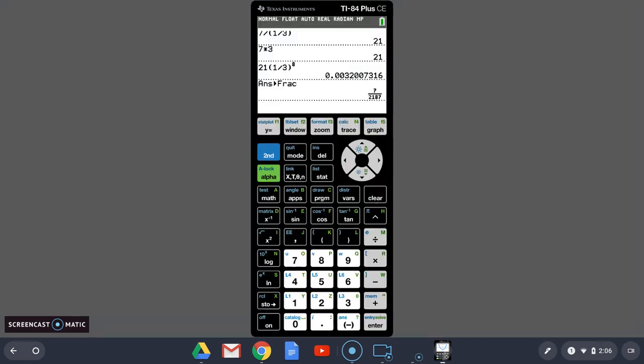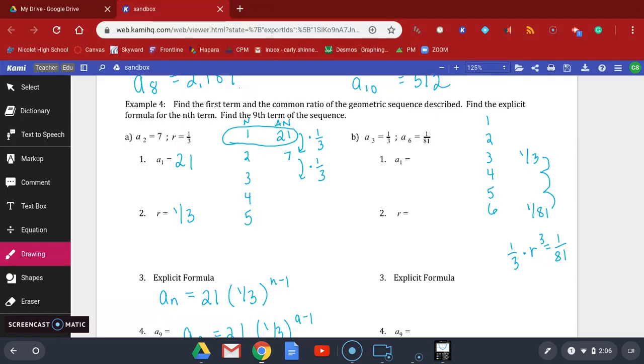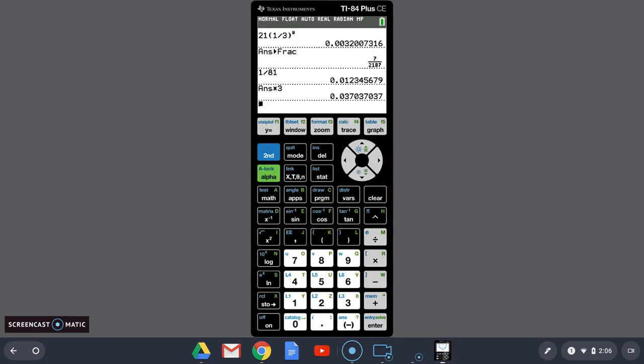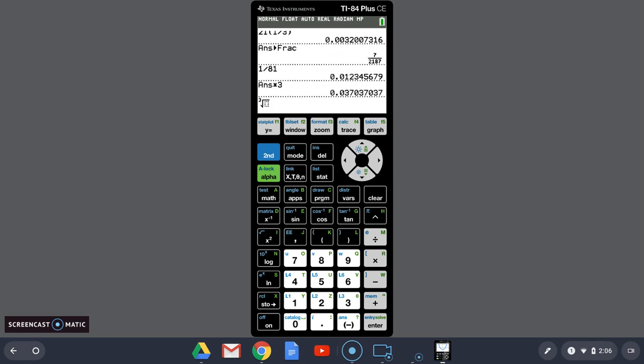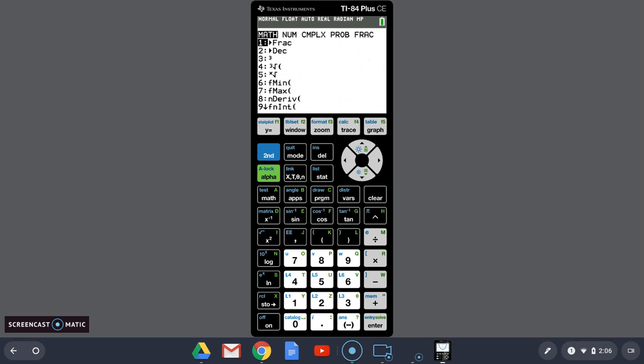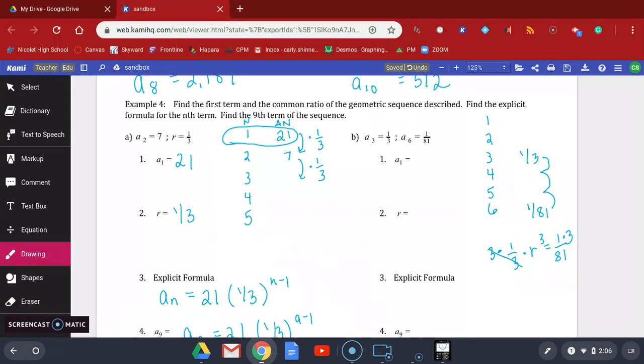So we'll do 1 divided by 81, and then we'll times that by 3. Let me show you what I'm doing here. Get rid of that 3 over there. So I'm going to multiply 1 over 81 times 3, and then I'm going to cube root that to figure out what my r is. So math, cube root what I just did there. And I get 0.33, which is 1/3 as a fraction.